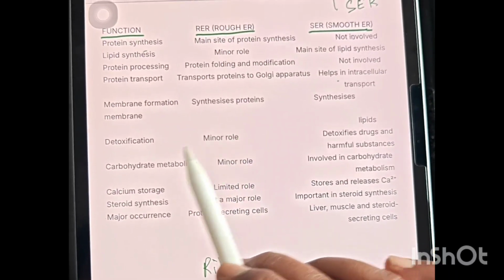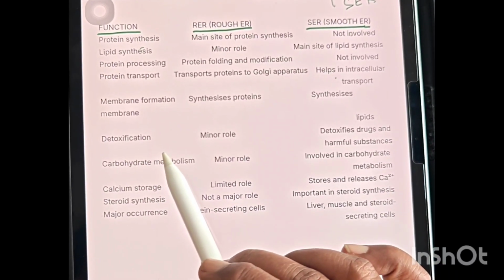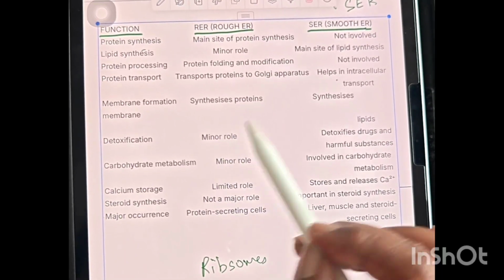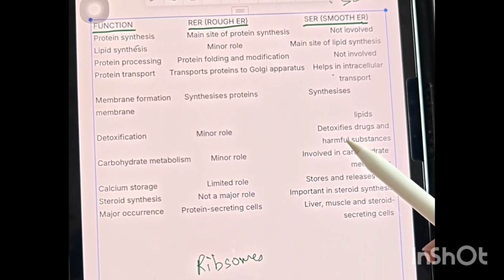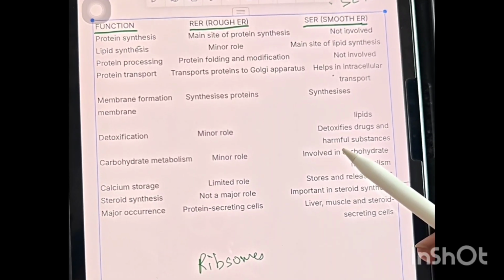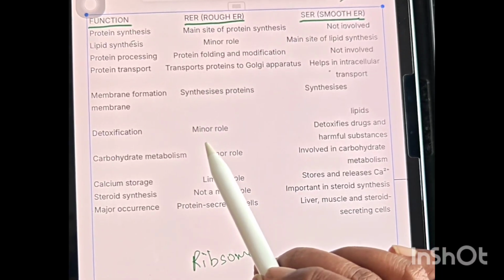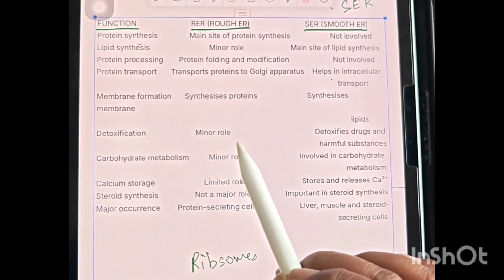Next is detoxification. The major role is played by the smooth endoplasmic reticulum. It detoxifies drugs and harmful substances, while in rough endoplasmic reticulum the role is very minor.